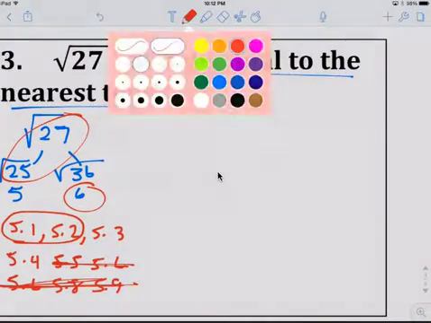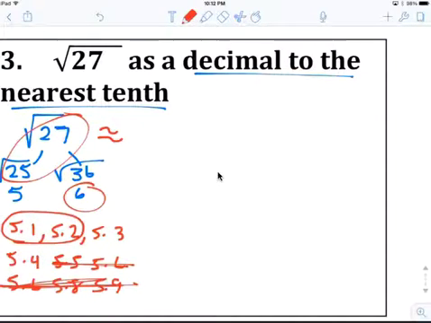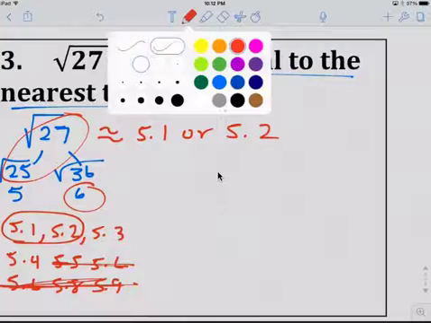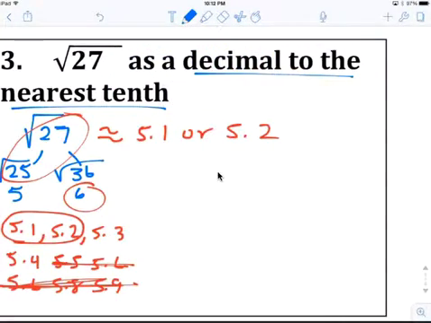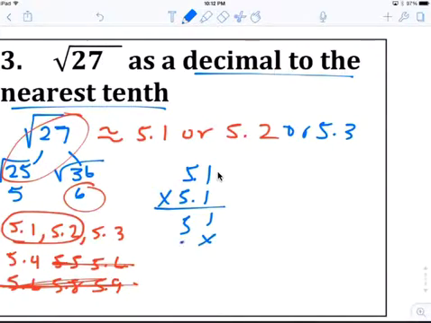So my answer could be 5.1 or 5.2, or possibly 5.3. You never know. Okay, so let's do 5.1 times 5.1. 1, 5, 5, 25, 1, 10, carry the 1, 6, 26.1. Not it, too small.